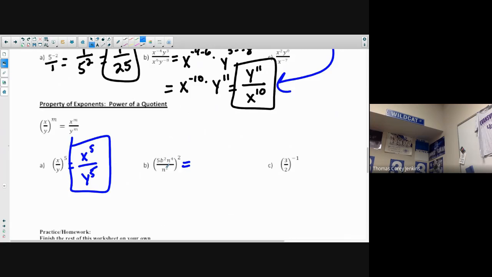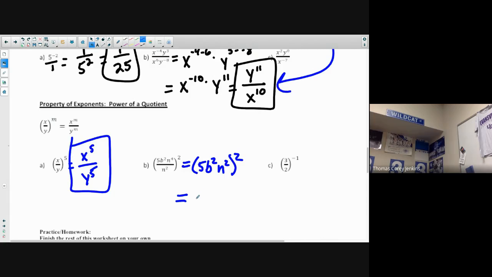Okay, so if you can, I like to simplify first. All right, so I'm going to go ahead and simplify n to the 4 over n to the 2 as n squared. So then I have 5b squared, n squared, all raised to the second power. I didn't have to do that first, but I feel like that's going to save me a little bit of work, so that's what I'll do.